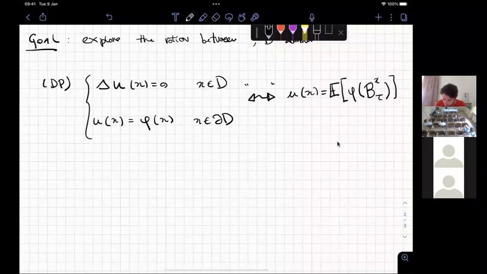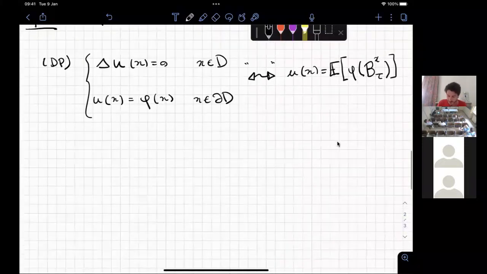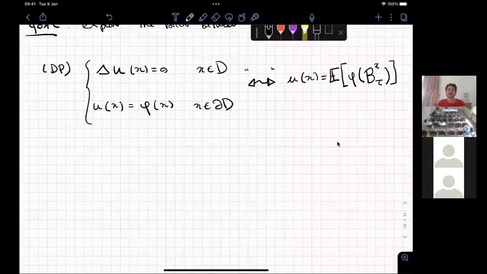What is tau? Tau is actually the stopping time we want to study in the harmonic measure setting. And basically, tau is, I will call it tau_D, at least at the beginning, the hitting time. And to be precise, also, it depends on small x.